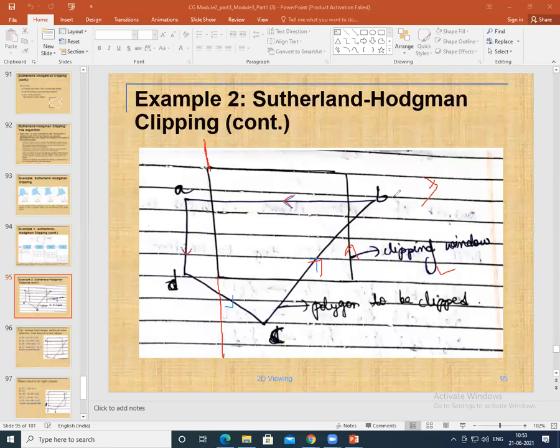Again, for the left clipper, what about BA? For BA, B is inside, A is outside. With respect to the left clipper, I'm talking about. What is AD? AD with respect to the left clipper, both are out, right? And with respect to the left clipper, again DC is out. Is it or not? The same thing that I have conveyed in the problem.